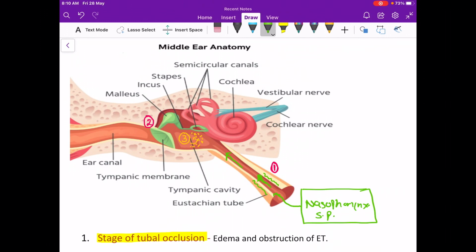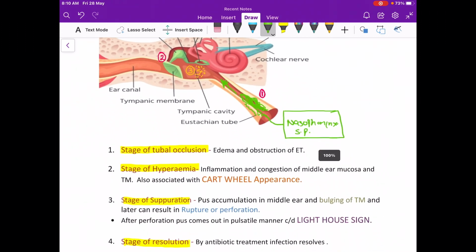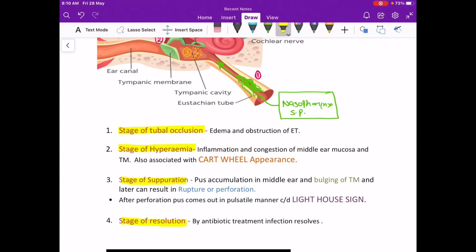Due to edema and inflammation the eustachian tube gets occluded. This is the first stage of ASOM, the stage of tubal occlusion, in which there is edema and obstruction of the eustachian tube due to the infection travelling through it.